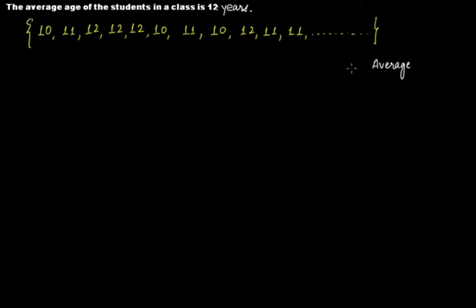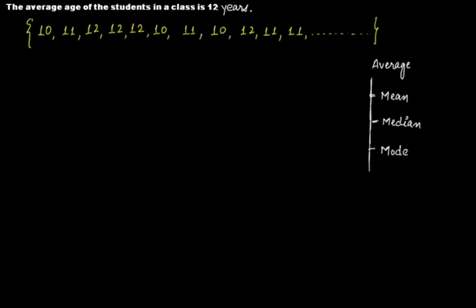Before entering into the discussion, I want to tell you that in order to calculate average, we actually have three tools. The first one is mean, the second one is median, and the third one is mode.